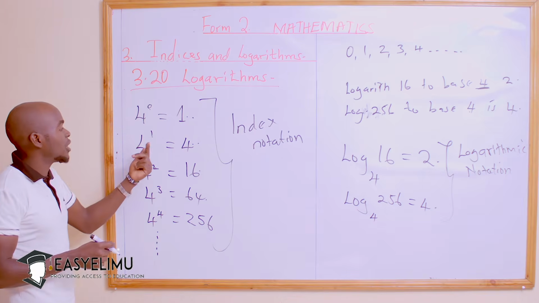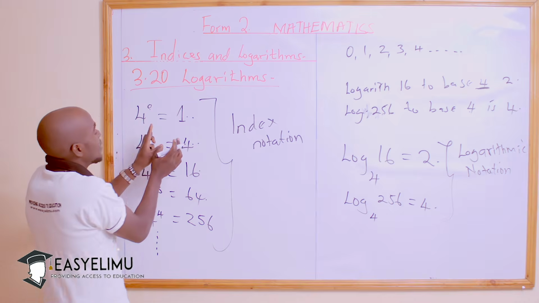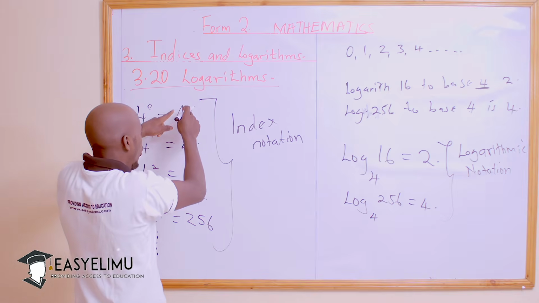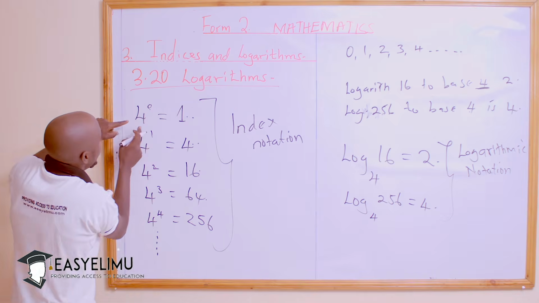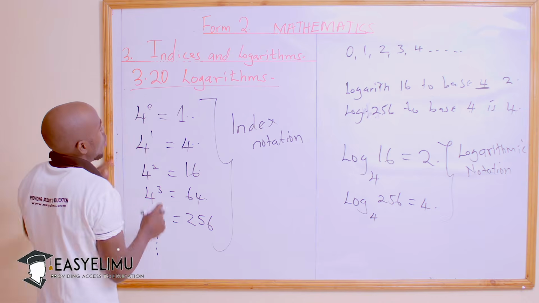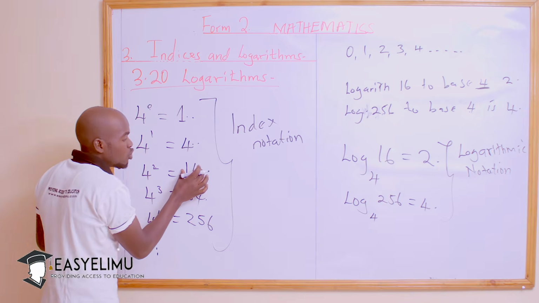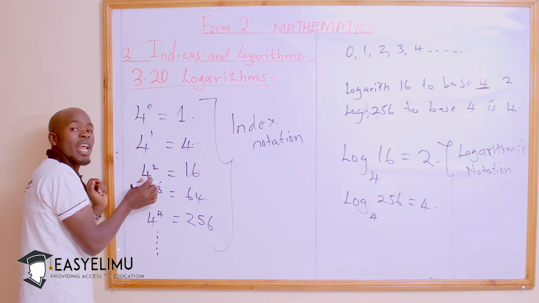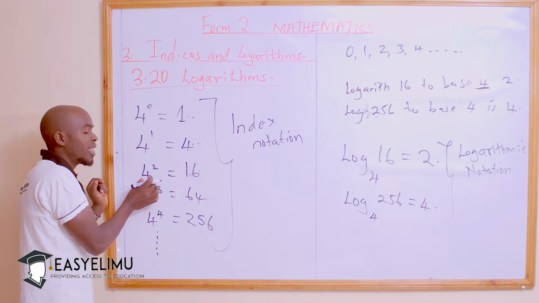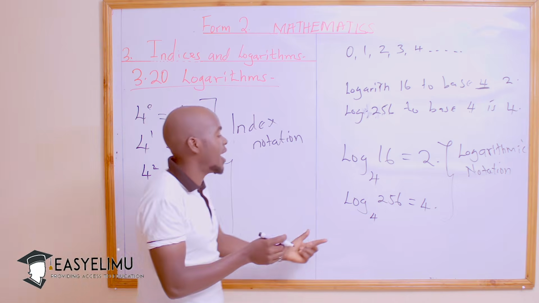In case we want to rewrite this one in logarithmic notation, you just say the logarithm of 1 to the base of 4 is equal to the power. Meaning that it will be the logarithm of the number to the base to which the number is to be raised, and then it will be equal to the power or the index as we have done here.